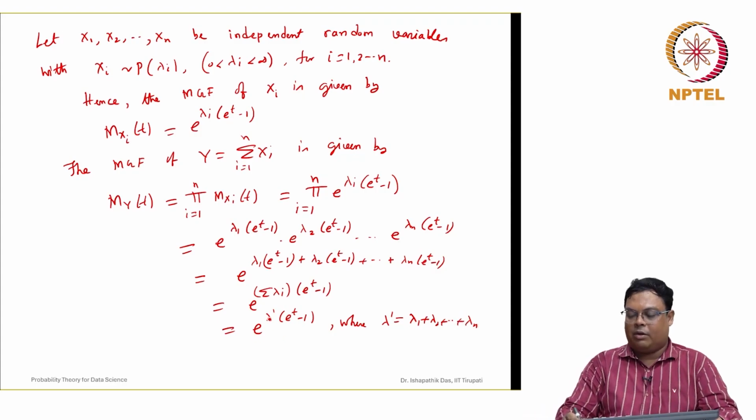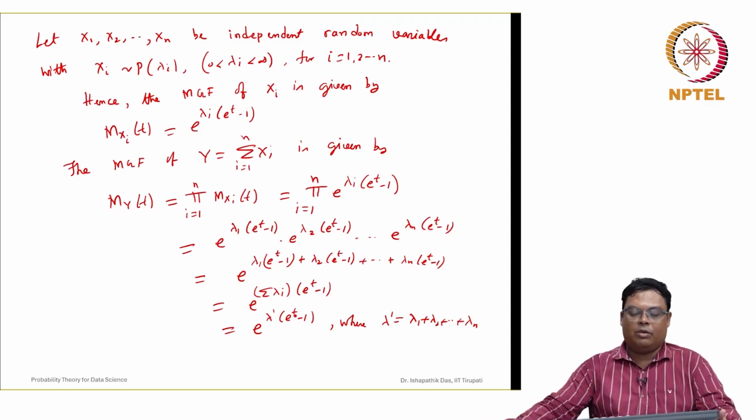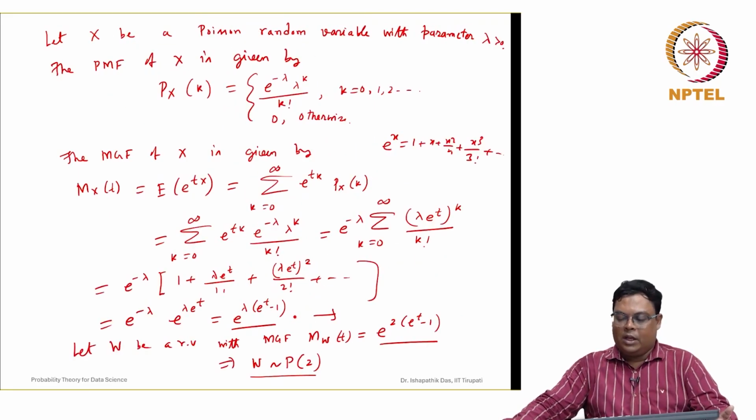So, now you compare with the Poisson distribution. Now, we do not know the distribution of Y, but it looks very similar to these things.